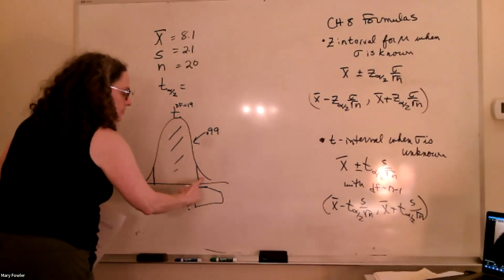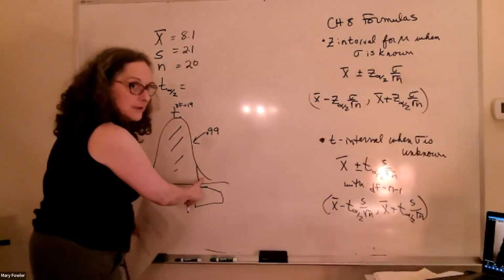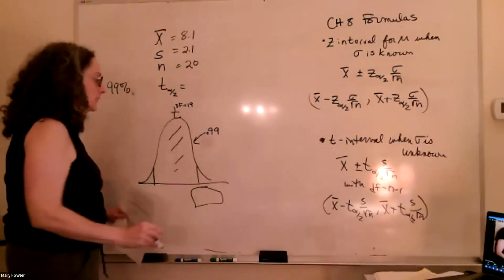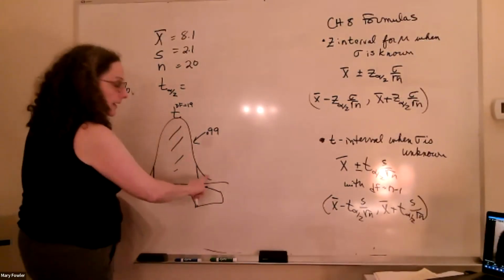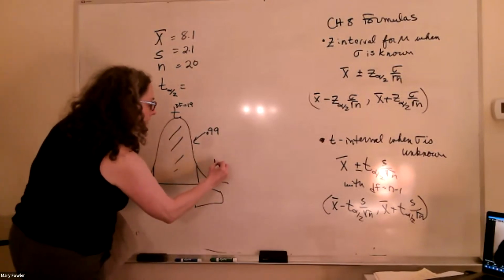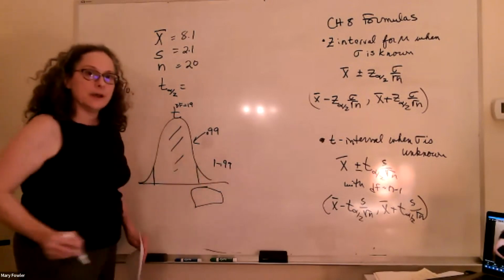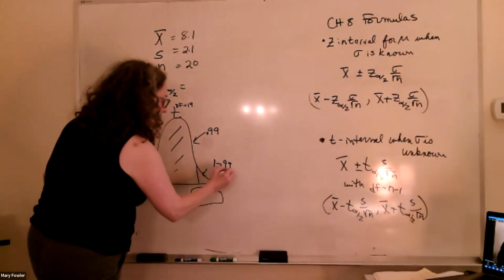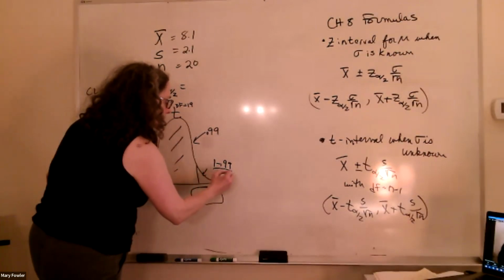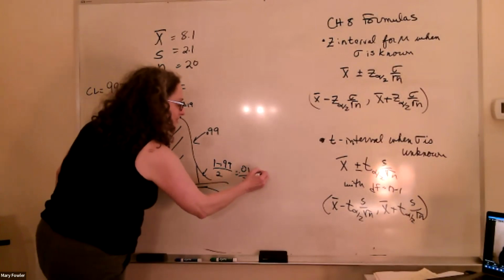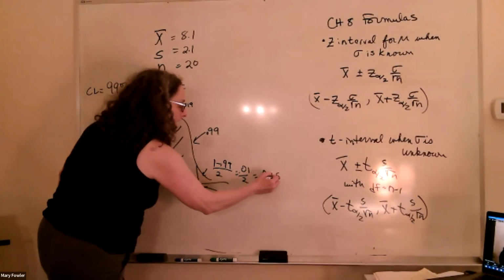We'll figure out how much the right tail is, alpha over 2, and then we'll find this from the t-table. So if we have 0.99 in the center, then the 2 tails together is 1 minus 0.99, right? And the right tail is (1 minus 0.99) over 2. So it's 0.01 over 2, which is 0.005.